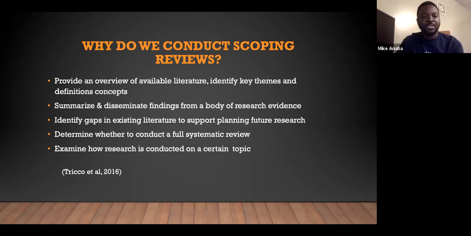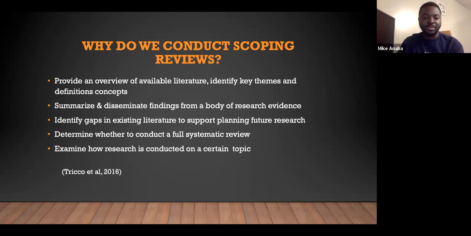Secondly, it helps summarize or disseminate findings from the body of research evidence that is available out there. Scoping reviews also help us identify gaps in existing literature to support future research that we might want to undertake. And lastly, but not the least, it also determines whether to conduct a full systematic review.